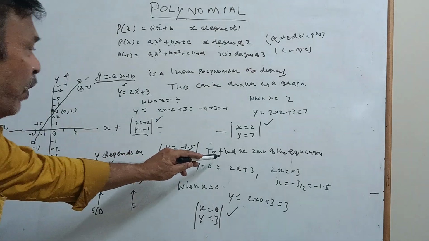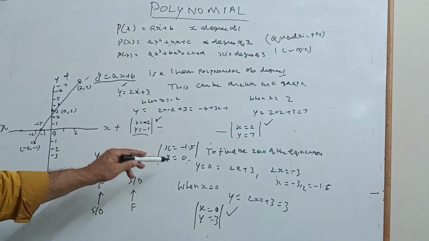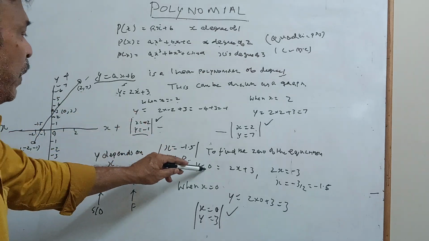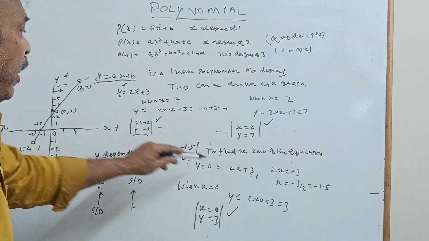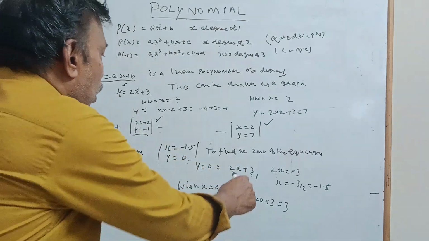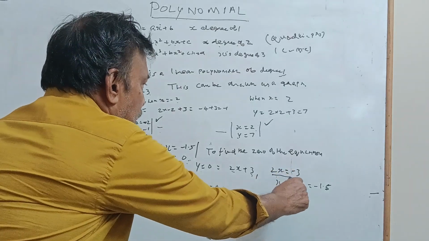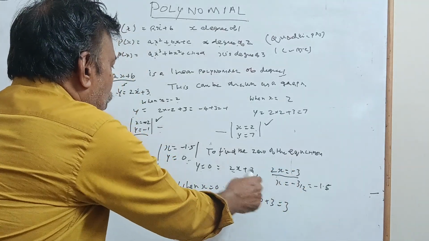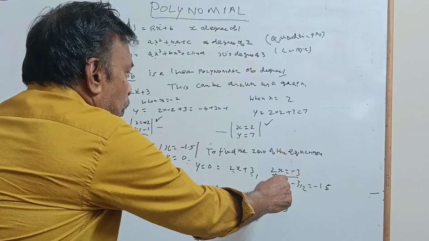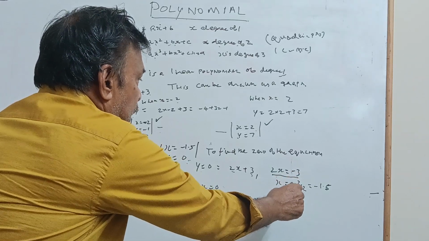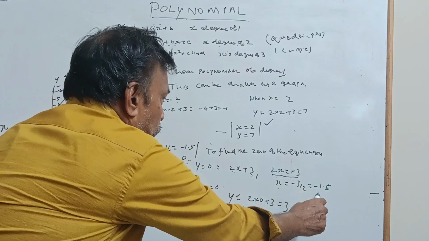To find the zero of the equation, in this equation you put y equal to 0. Then 0 becomes 2x plus 3. The 3 goes to the other side, so 2x is equal to minus 3. X becomes minus 3 by 2, that is minus 1.5.